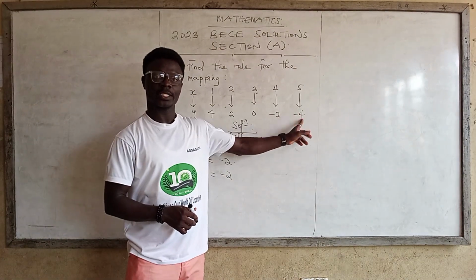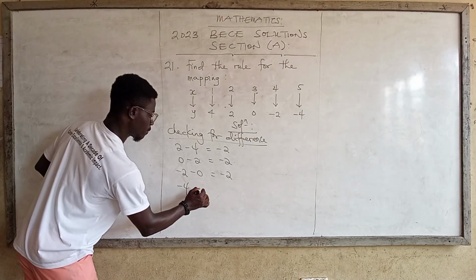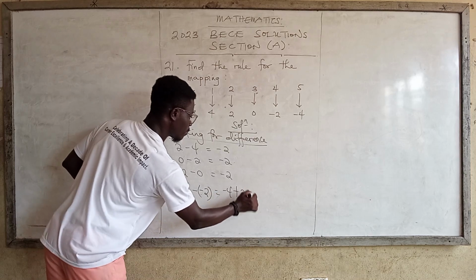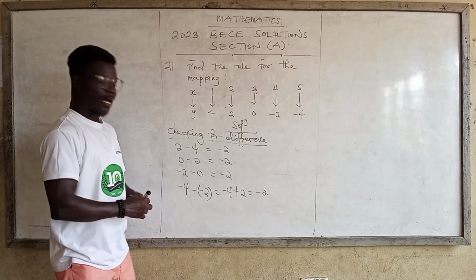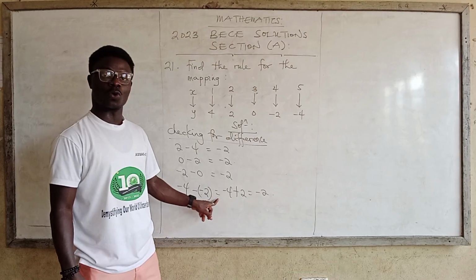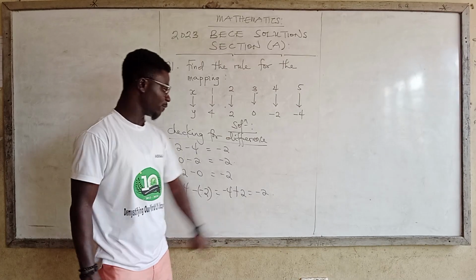Negative 2 from negative 4: negative 4 minus negative 2, which is negative 4 plus 2, equal to negative 2.